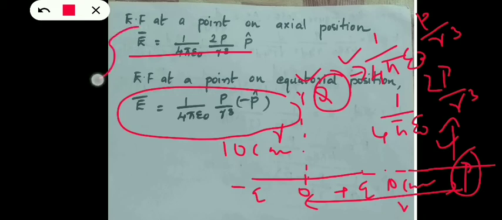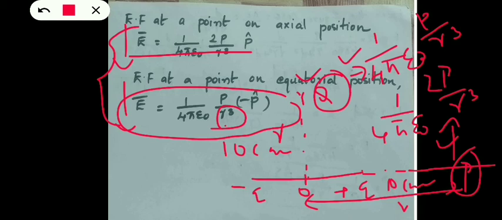From the two expressions it is clear that as the distance from the dipole increases, the electric field intensity decreases, because the distance r is in the denominator in both expressions. So as the distance of point P or point Q from the center of the dipole increases, the electric field intensity experienced at these points also decreases.